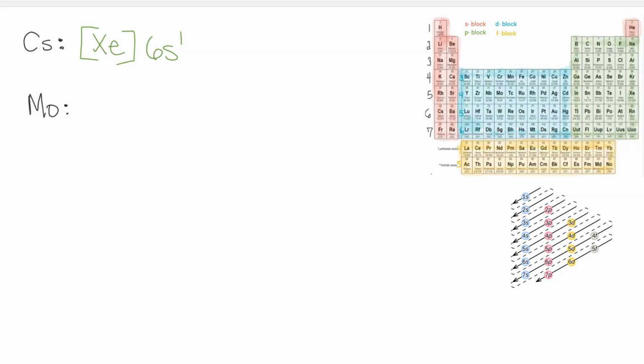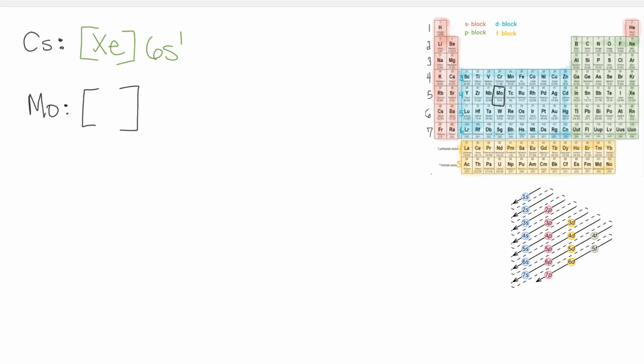So molybdenum is number 42 right here. What's the noble gas that comes before molybdenum? Put your answer in the chat. What should our noble gas notation start with? What symbol should go in those brackets? Find the noble gas that comes before molybdenum.